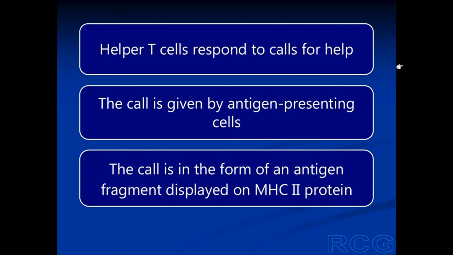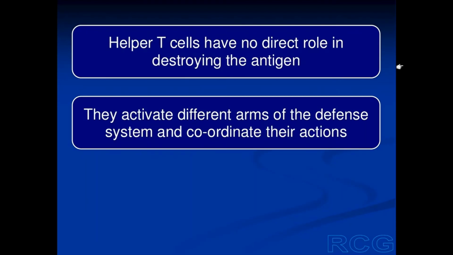The helper T cells respond to a call for help. The call is given by the antigen presenting cells, such as dendritic cells and macrophages. This call is in the form of an antigen fragment displayed by the MHC proteins. These helper T cells have no direct role in destroying the antigens.